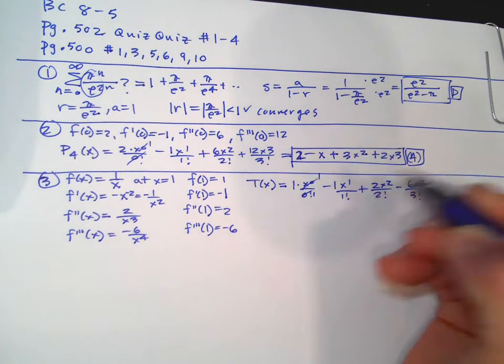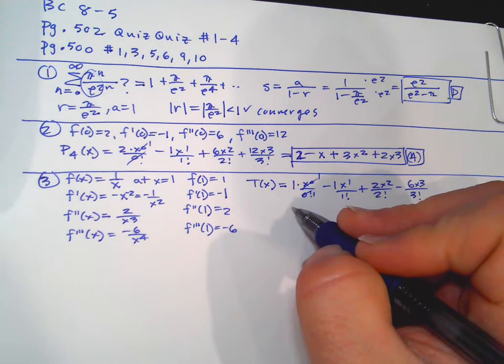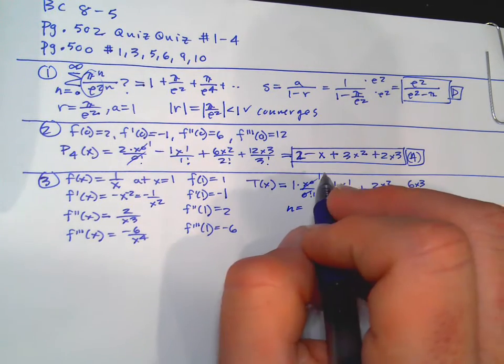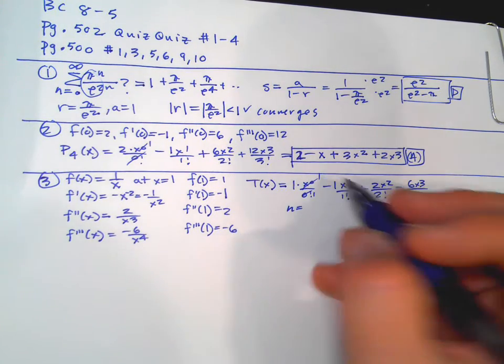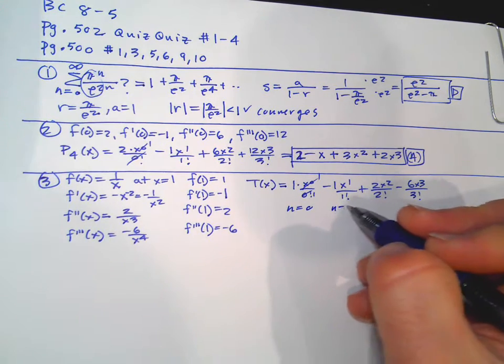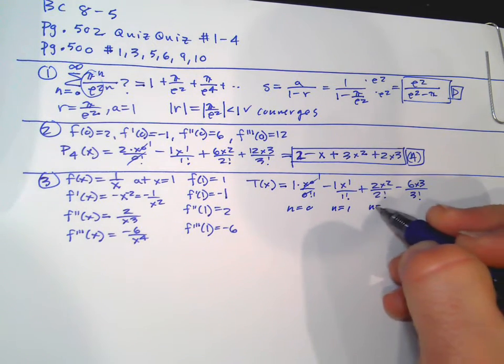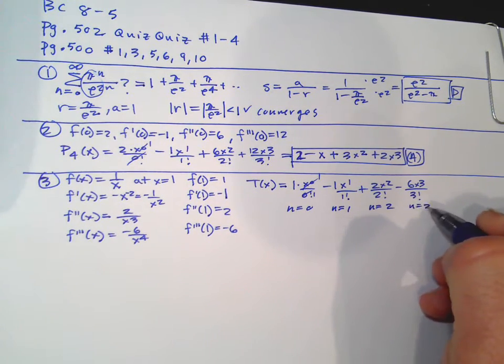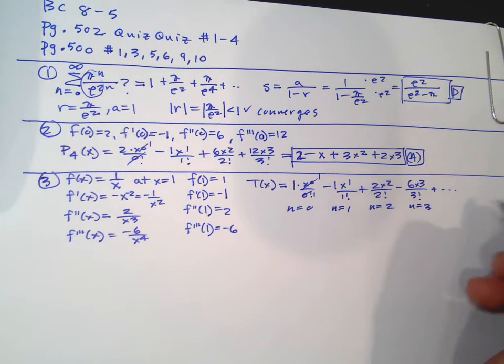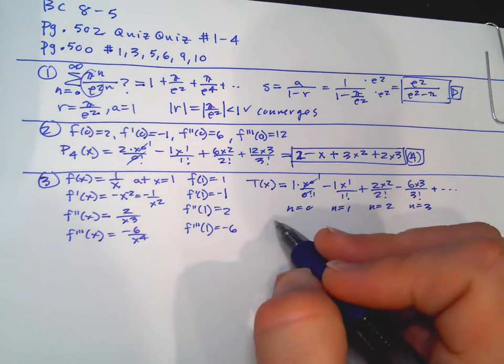Those are going to be ones. So we need to find a pattern. Look at all the answers, they start at n equals 0. So let's start at n equals 0. Seems like a good reason, and it should keep going. But let's see.